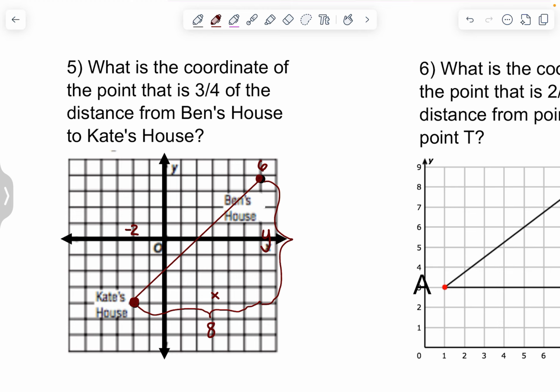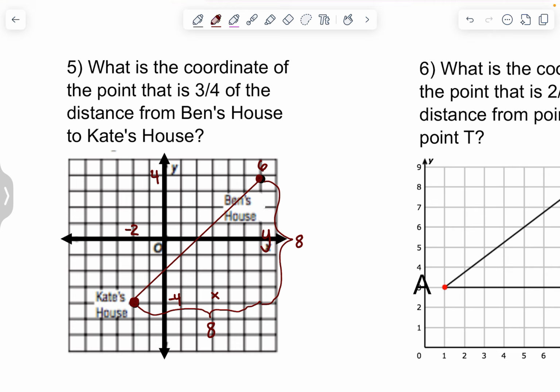And to get from this y, which is at -4, to this y, which is at +4, there are 8 spaces in between. Are these numbers always going to be the same? Absolutely not. Okay, this is just an interesting coincidence. All right, step 1, total distance.